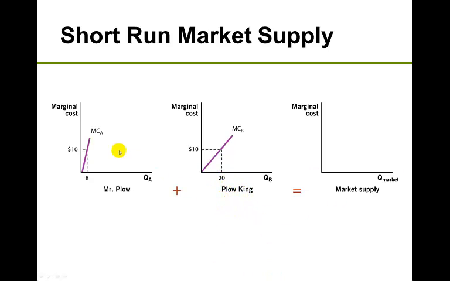For the market supply curve, we can add up our individual supply curves and come up with the total amount that will be supplied in this market for a given price. So the total supplied in the market at the price of $10 would be 8 by Mr. Plow, 20 by Plow King. That would be a total of 28.